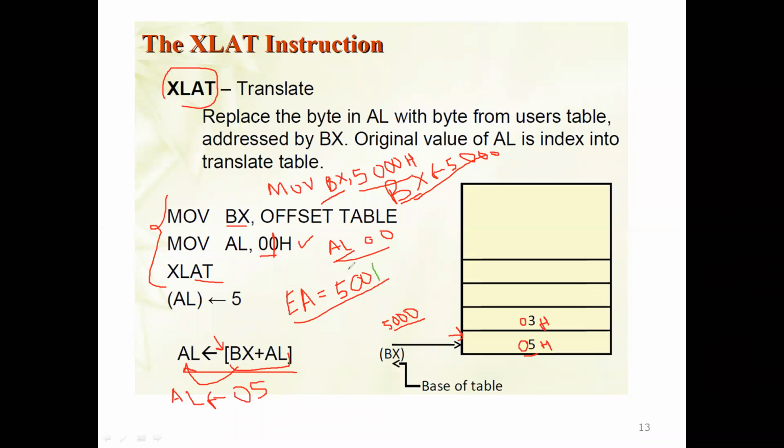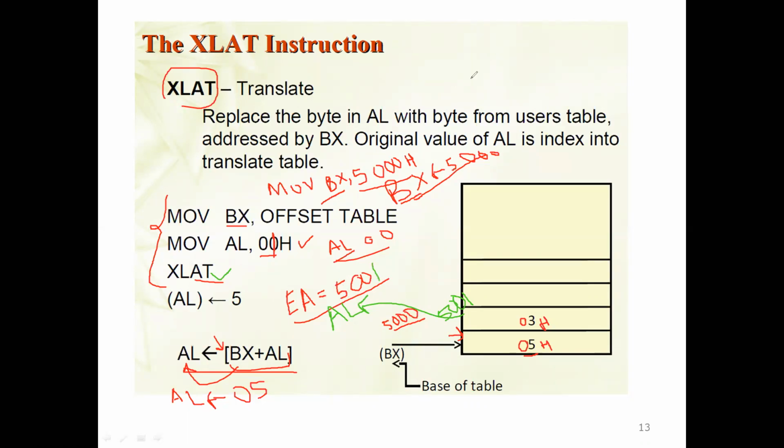In this particular case, after executing the XLAT instruction, the AL content will be 03, if we have assumed this is the 5001 location. The data of this 5001 location will be transferred to AL.